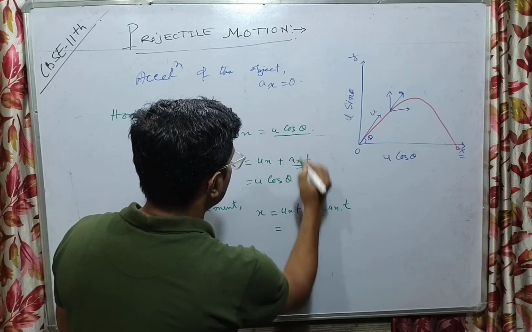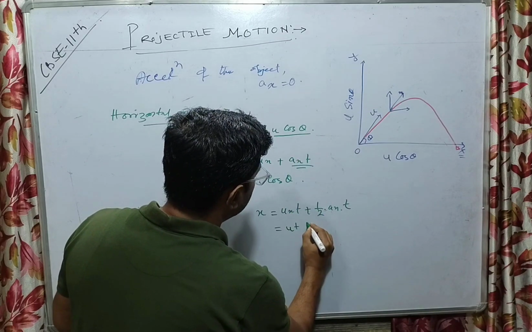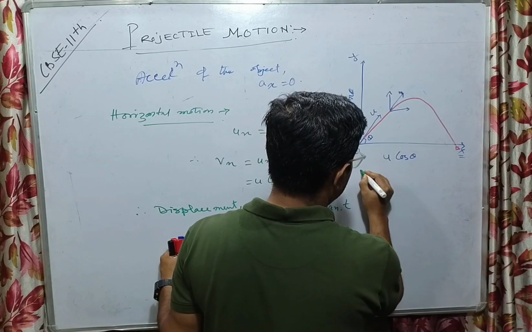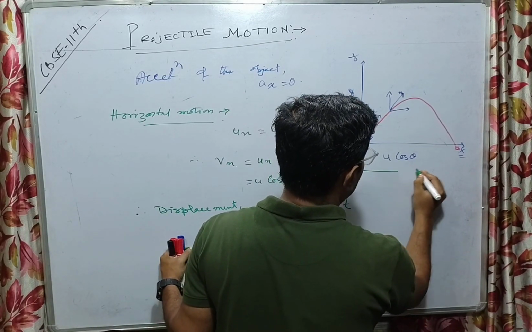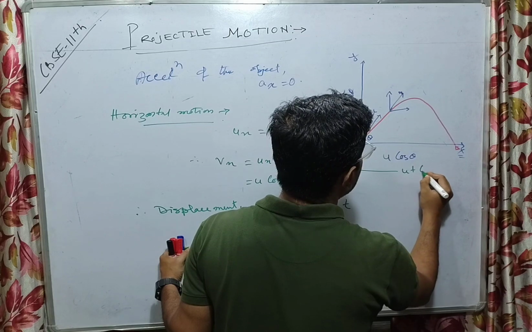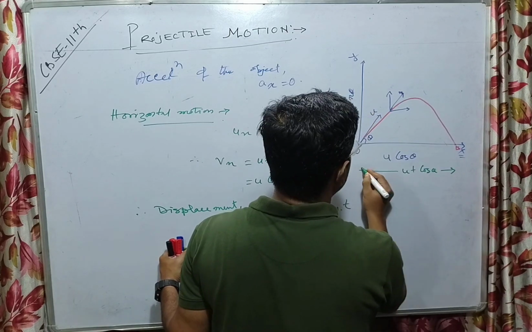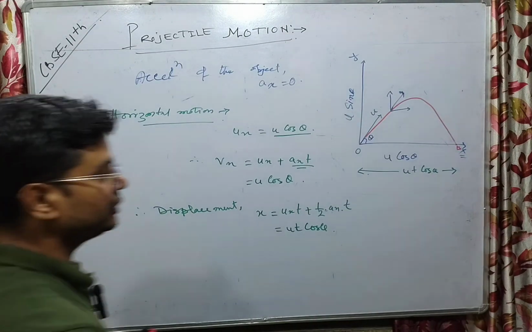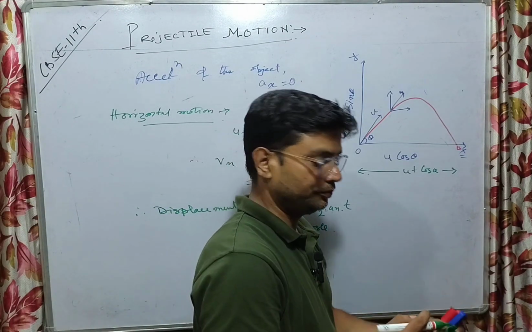Ux is u cos theta, therefore x is equal to ut cos theta. The displacement of the object from O to B is ut cos theta. It is also an important term.